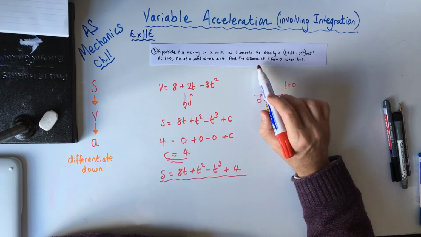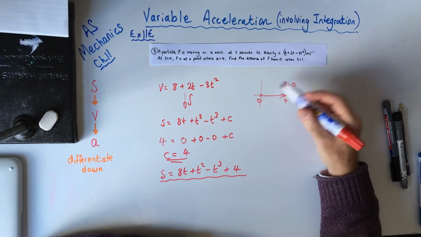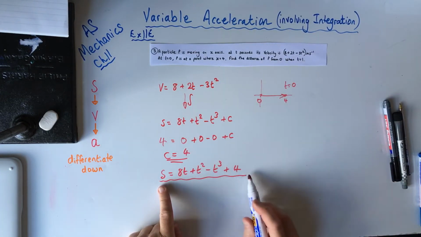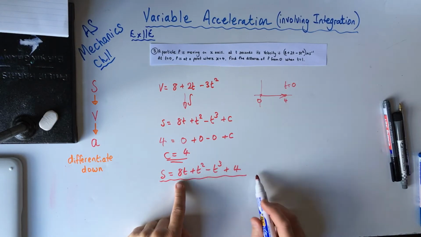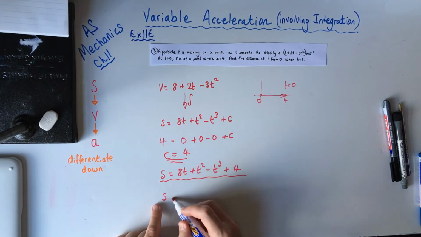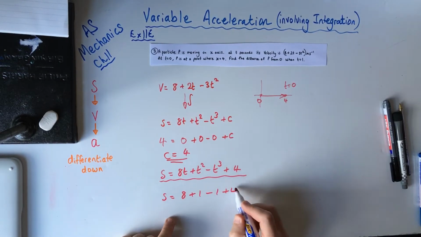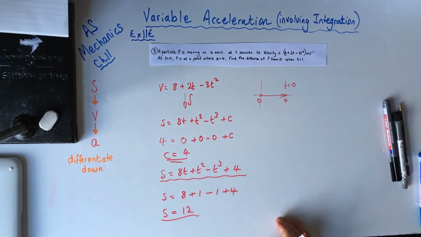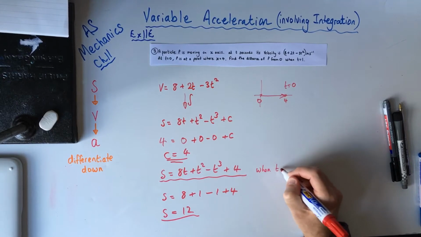It says find the distance of P from O, so where is the point from the origin when t is 1? Well, we've got the equation for the distance, which is displacement, and if we put 1 into there, we get s is equal to 8 plus 1 minus 1 plus 4, so s is 12 units. That's when t is 1.